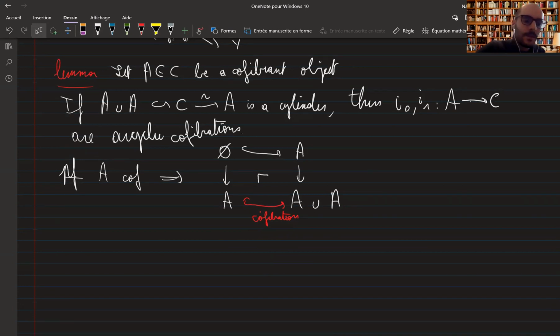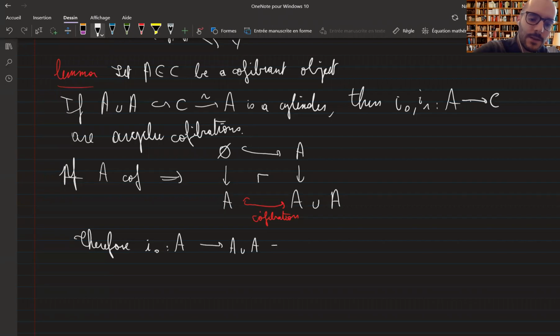All right. Therefore, the map I0 goes from A to C. It's given like this. You go from A into its coproduct, and then you go into C. So this is a cofibration because we have a cylinder. This is a cofibration because of what I just explained.